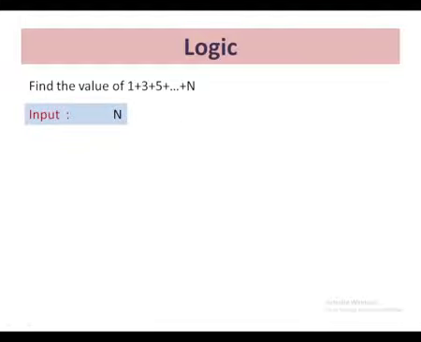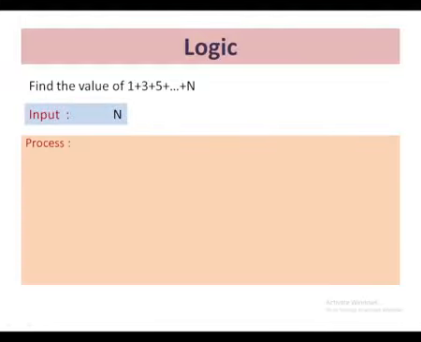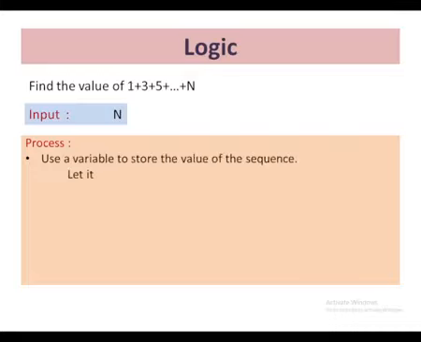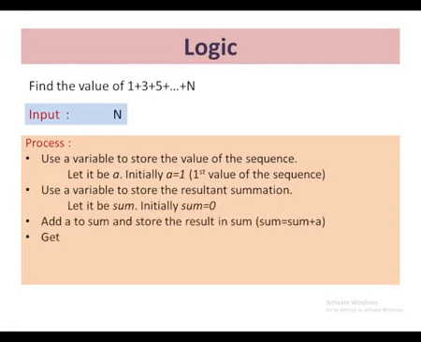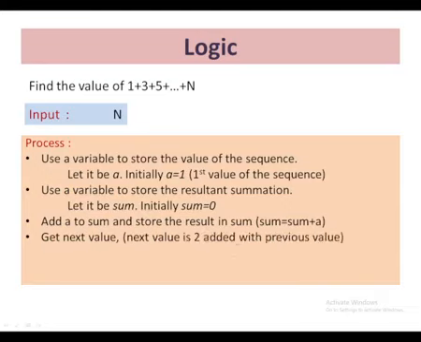As usual, input is n. In the process, here also you use the same two variables: a, which is initialized to 1, and sum, which is initialized to 0. Then you add a to the sum and store the result in sum, and get the next value. Here the next value is 2 added to the previous value, so you write a equals a plus 2.